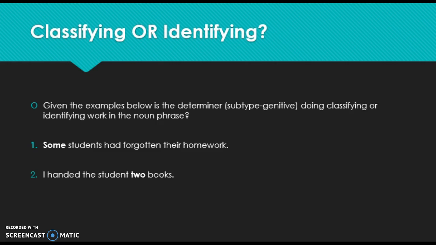Now it's plural, so it's okay if I'm pointing specifically to more than one of the objects. The question is, am I pointing to a set, and the individual specificity is not needed, or do we know exactly which students forgot their homework by this sentence?